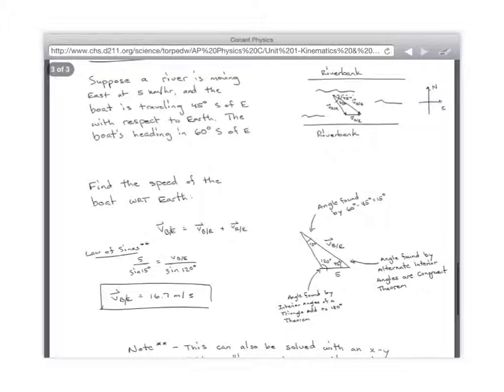The boat is traveling 45 degrees south of east, and the boat's heading 60 degrees south of east. So it's heading that way, and it's actually traveling this way over ground because the river's pushing it that way. Do you see it?